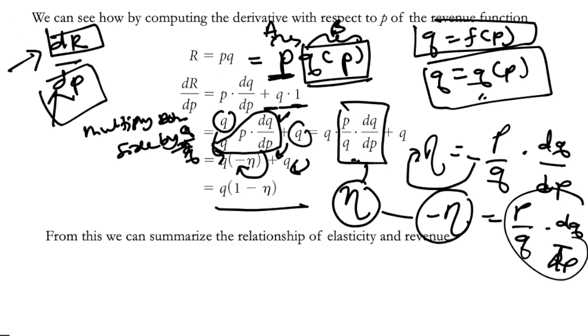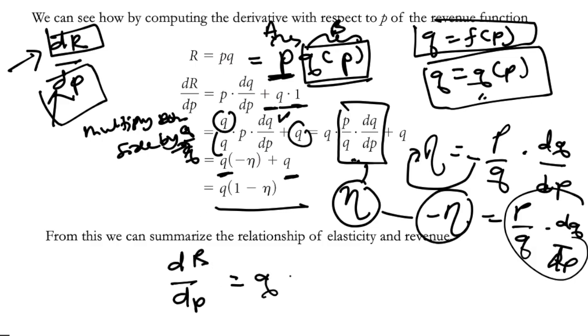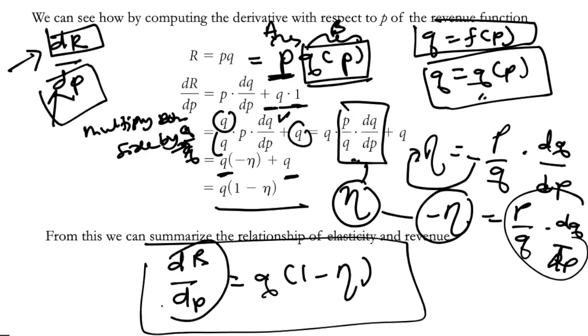Why does it become Q in bracket 1 minus eta? Because this and this you can factorize. So you're going to get this. Clear? Now, I rewrite it again here, equivalent to Q(1 minus eta). With this you can show the relationship between eta, which is elasticity, and revenue when we change the price.